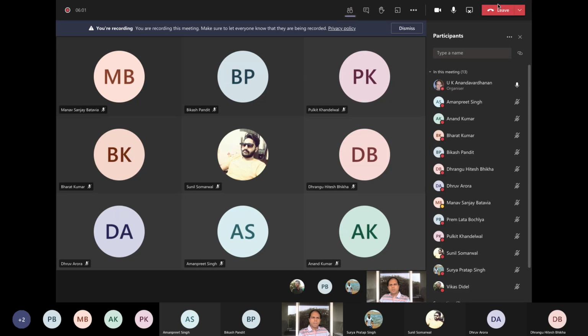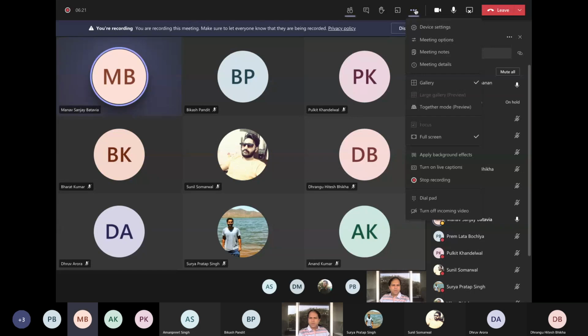Can you see the slides? No. You are presenting the wrong window. You need to present the window in which the slides are. Can you see now?